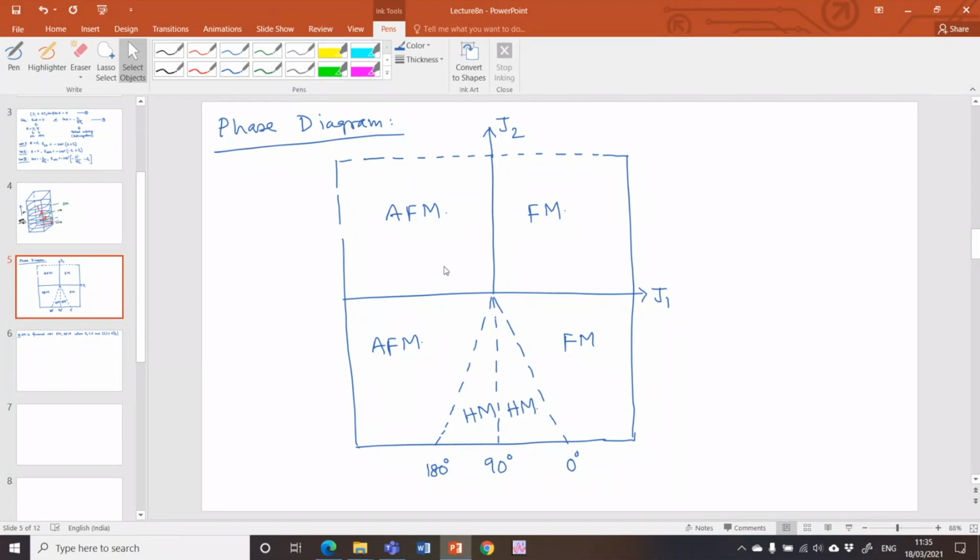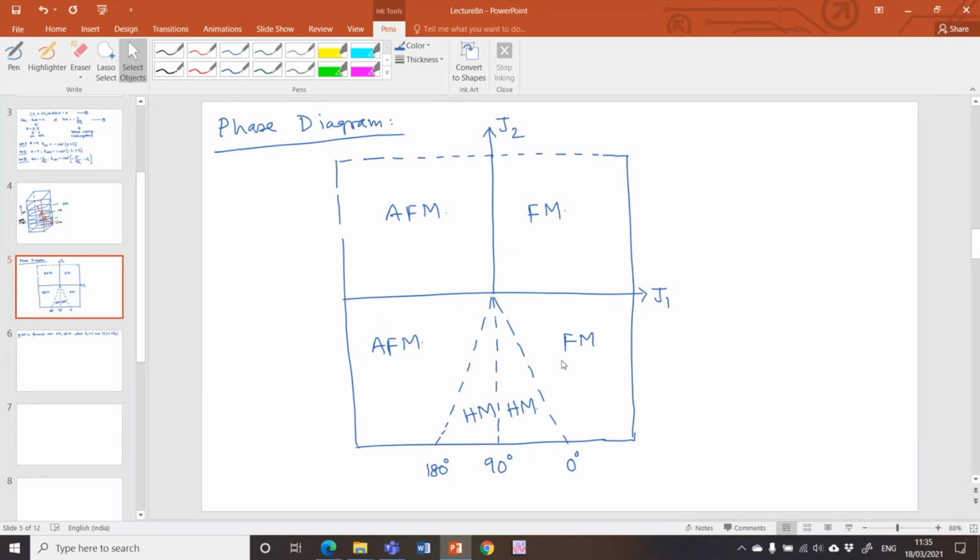And then in the third and fourth quadrants you also have similar situations, right? So you have to put these conditions separately, and then you have to see which one of these three configurations has the lowest energy under such circumstances.